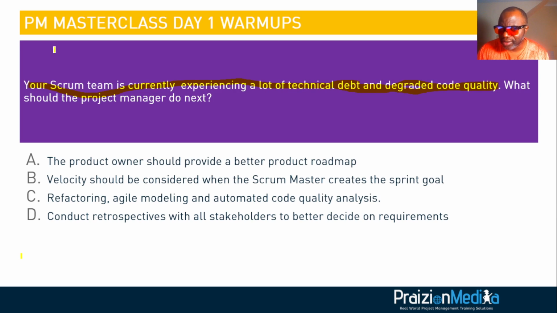Did you catch that? All at once, you're getting a situation and you're getting a problem. And then you're getting the question, what should the project manager do next? So with this, you got to understand what should a PM do in this scenario.